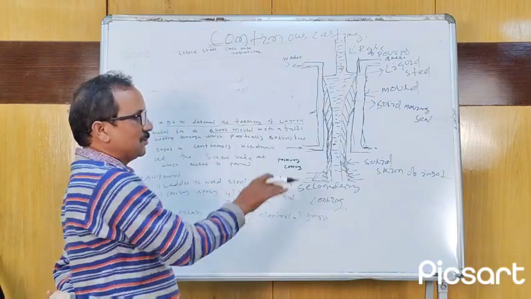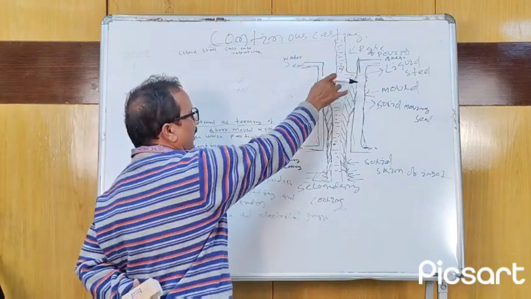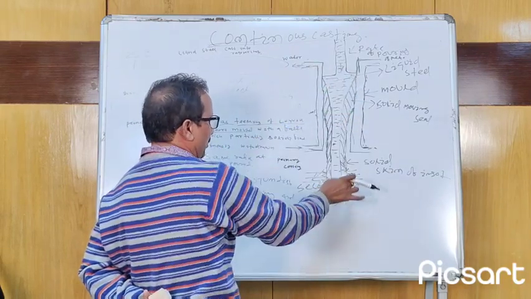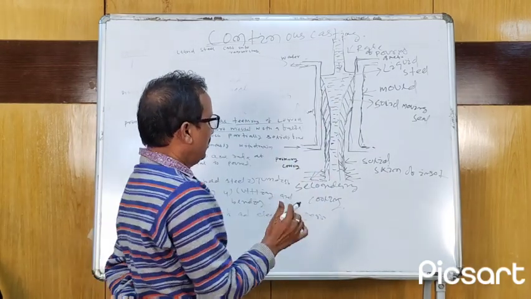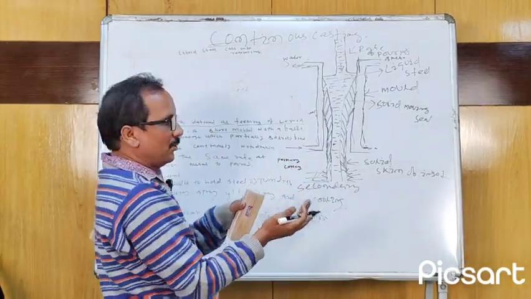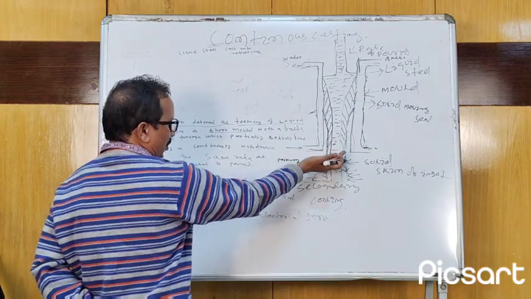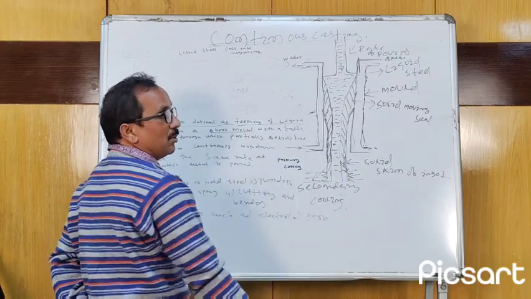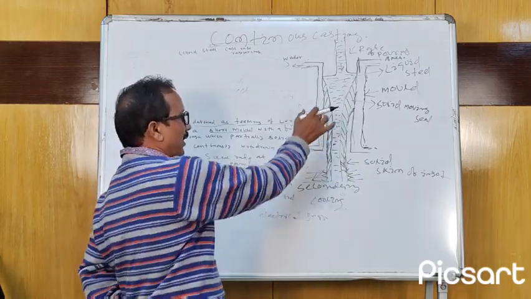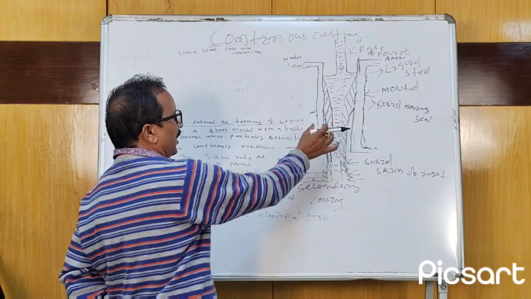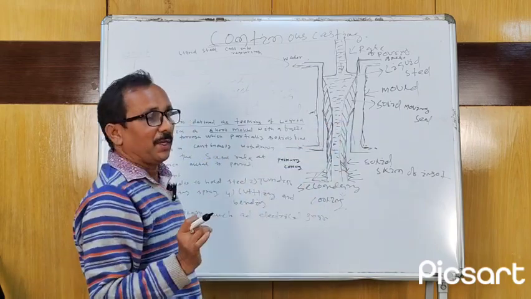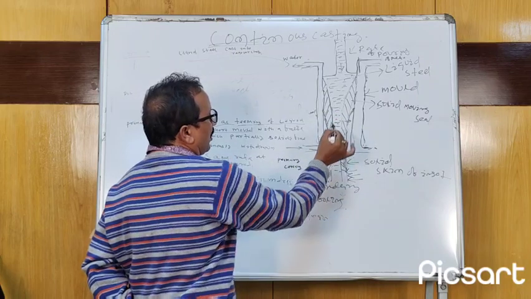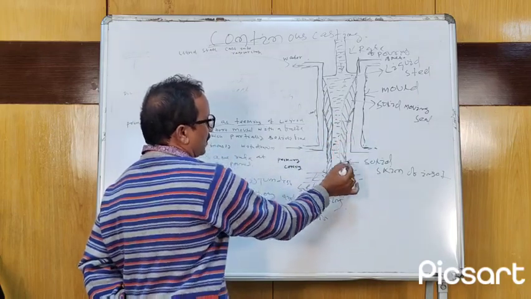In this way it is so balanced that we get an ingot which is withdrawn from this mold. Initially we provide a dummy bar, then that dummy bar will be drawn, and the metal will be continuously withdrawn. Here, this is the solid skin of the ingot.